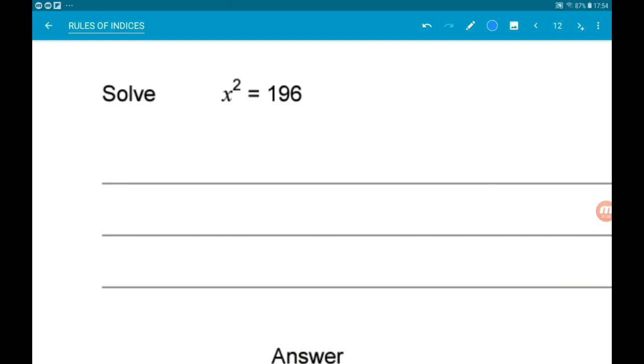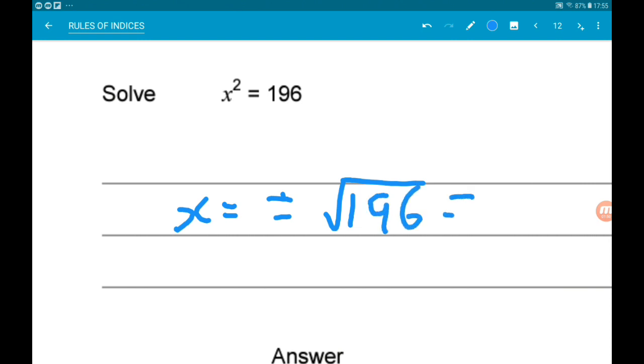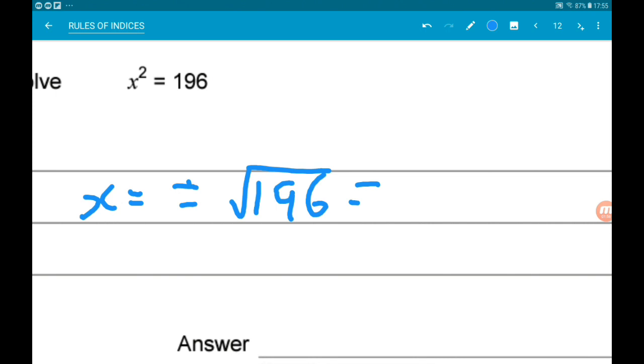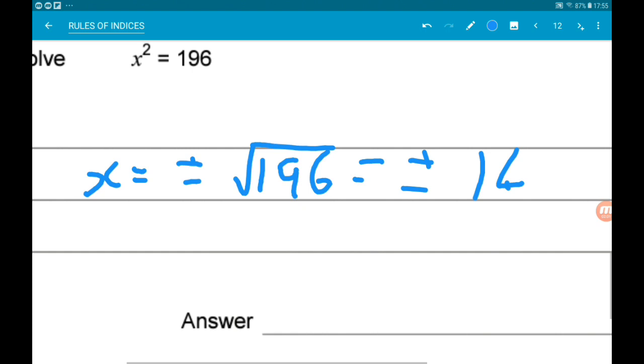So to cancel out a square, we square root, so we can say that x is plus or minus the square root of 196. Now you can write that as plus or minus 14, like that, or you could say 14, comma, minus 14. Cool.